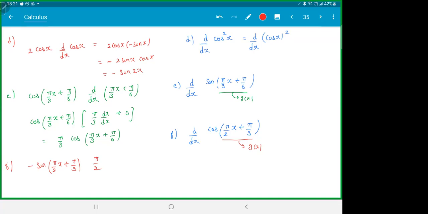Let's see a few more examples. I'm turning the page. d by dx of root over x cube plus x. These are some of the most common things we will see. Sin 2x whole cube.